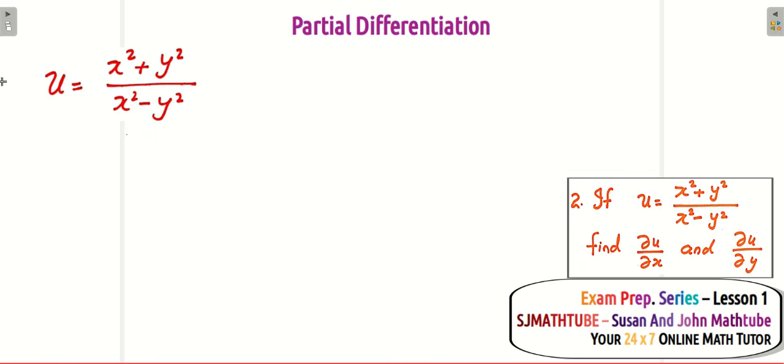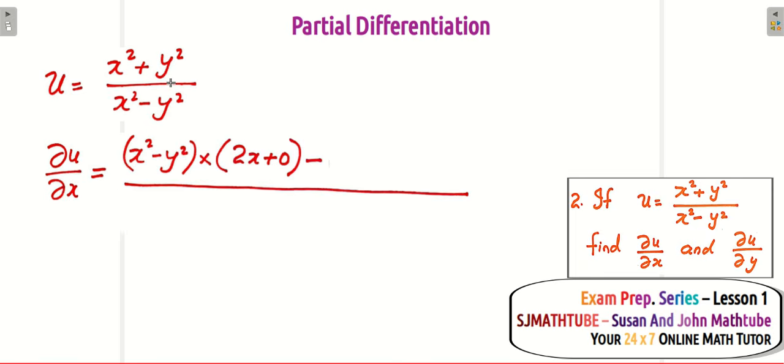Okay, so we have a function in two variables, and we have to find the partial derivative of u with respect to x. And I can see x in the numerator as well as denominator. So I have only one option, that is the quotient rule. And when I differentiate, I will assume x to be the only variable, that is, I will treat y as a constant.